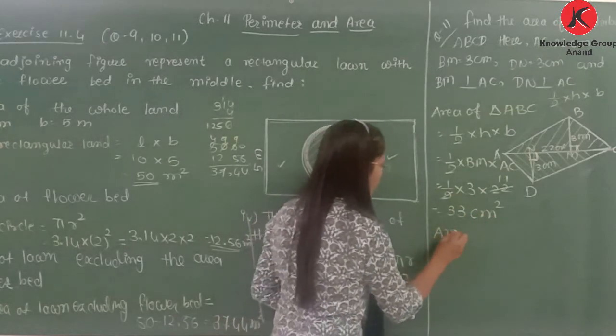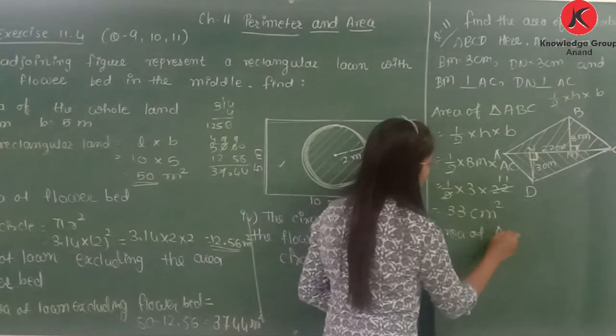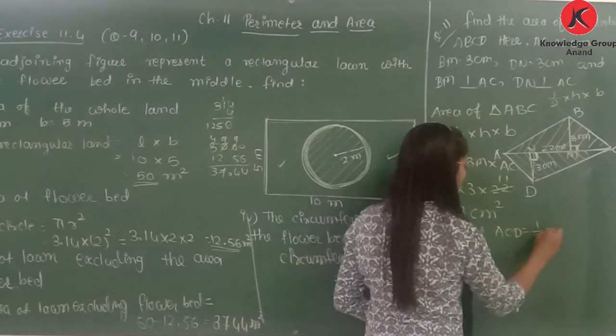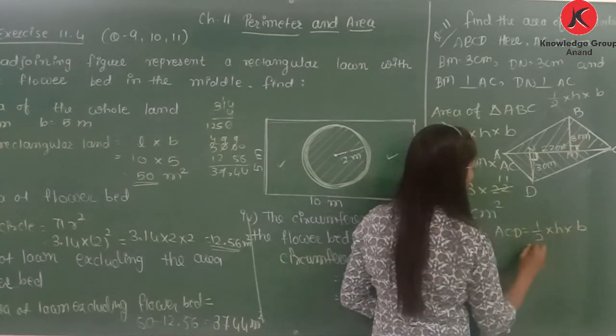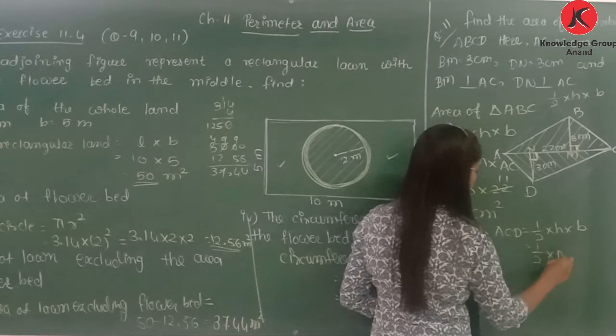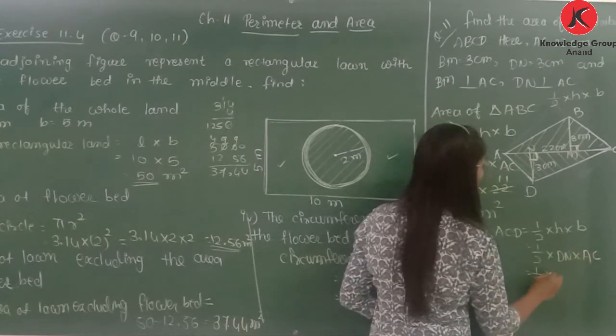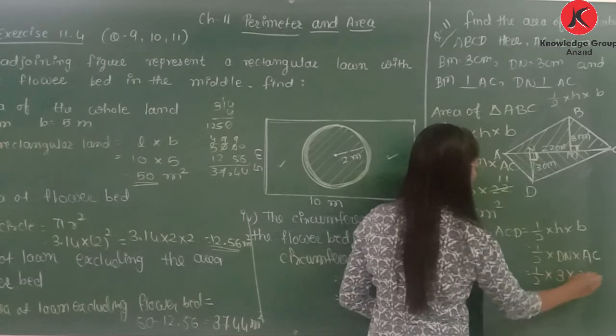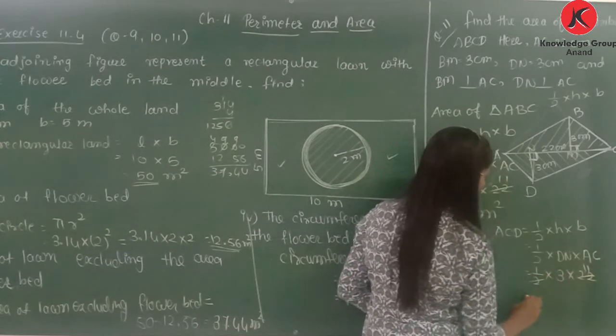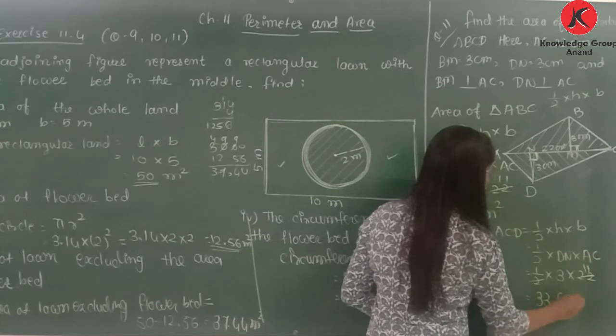Now the area of ACD is 1 by 2 height into base. Height is BN and base is AC. So that is 1 by 2, BN is 3, AC is 22. So it is 33 centimeters square.